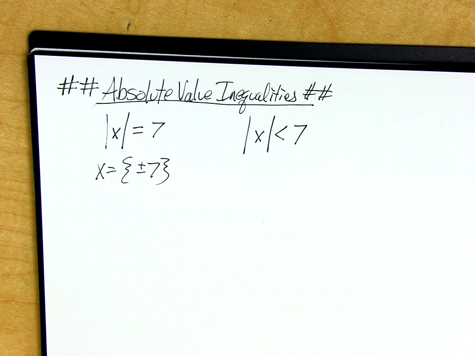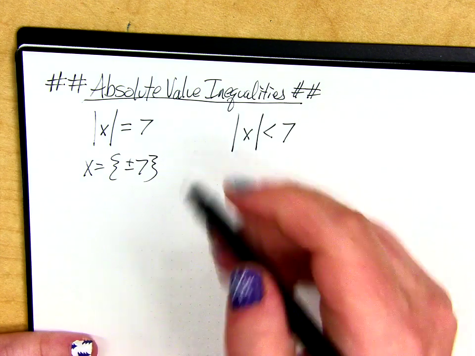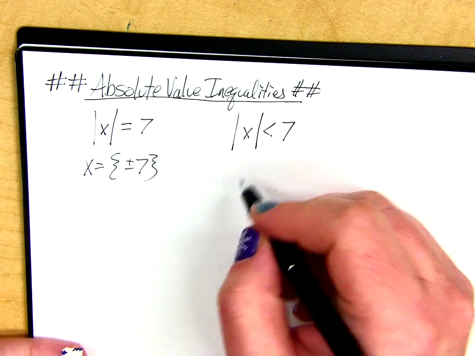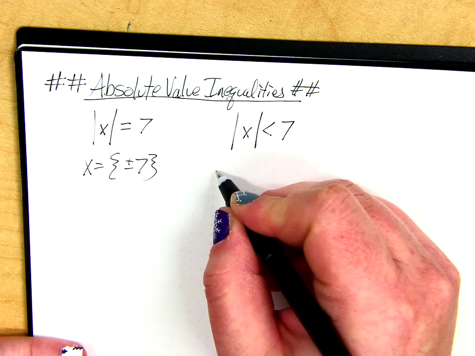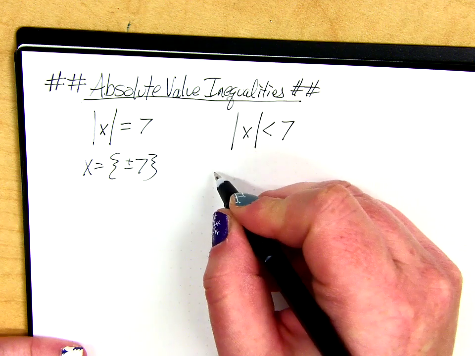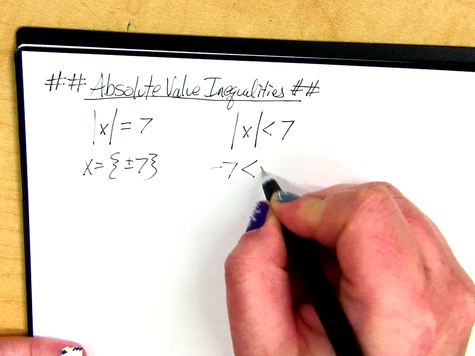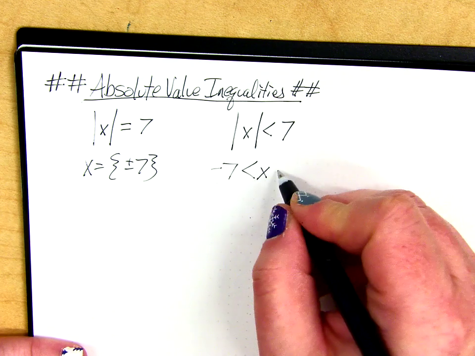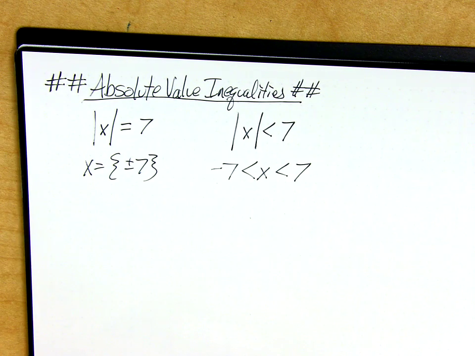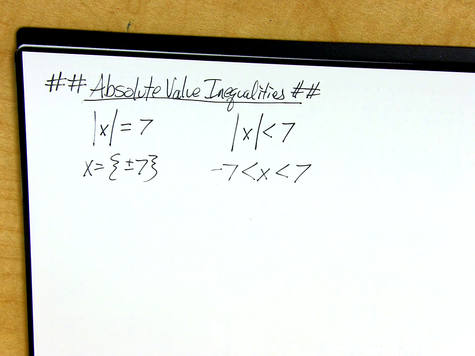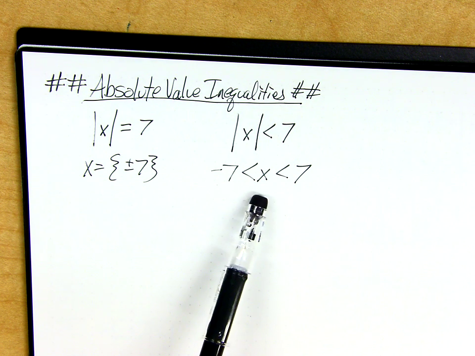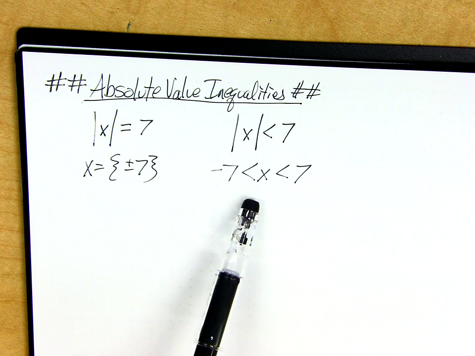Here's how we end up writing it, but we'll break down how to do this normally. I can have anything that's bigger than negative 7, but it also has to be less than positive 7 at the same time. Does that make sense? So that's my answer right there.